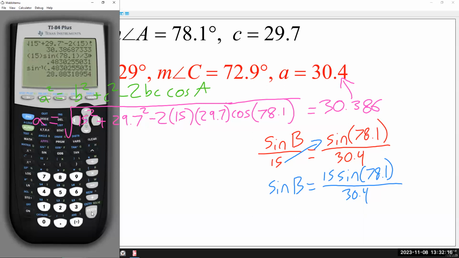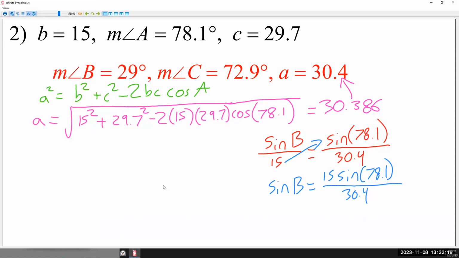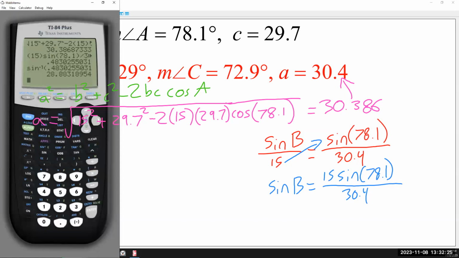And I get 28.883. All right, so mine rounds to 28.9. Okay, but that's because when I was using right here, I didn't use 30.4. I used the entire decimal. So I got angle B is equal to 28.9.